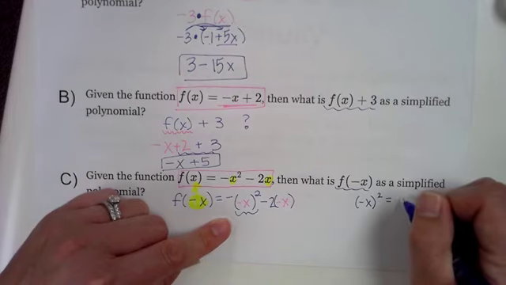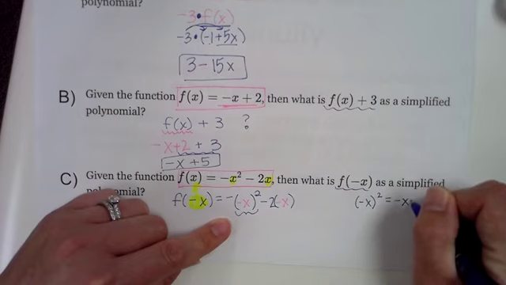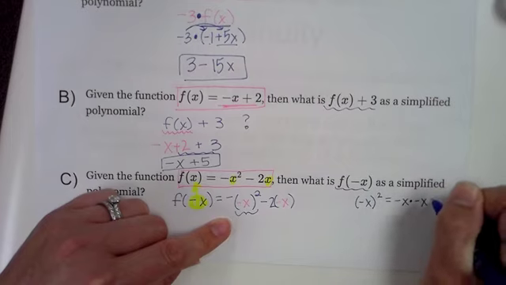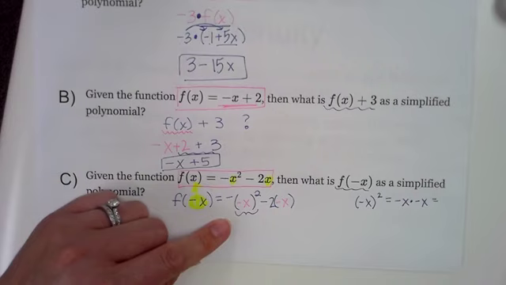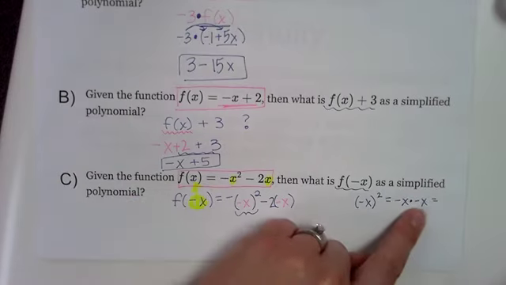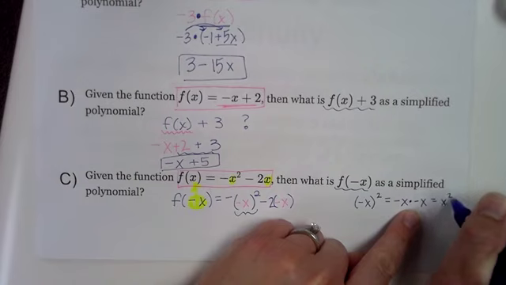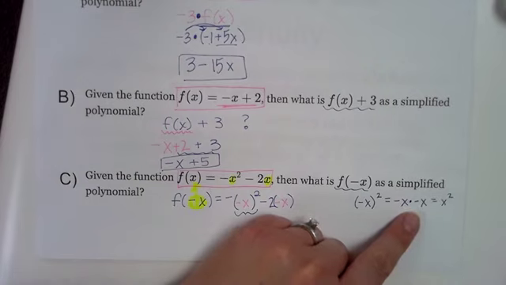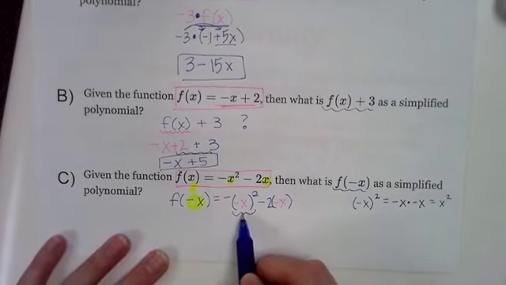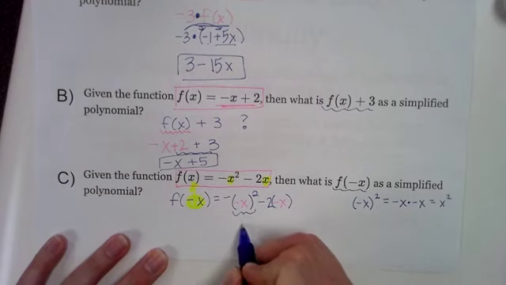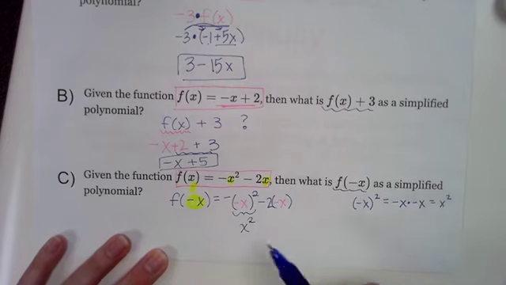It means, if I were to write it out, I would write negative x times negative x squared. Negative times negative is positive, okay? And then x times x is x squared. So this negative x quantity squared simplifies and it just becomes an x squared.